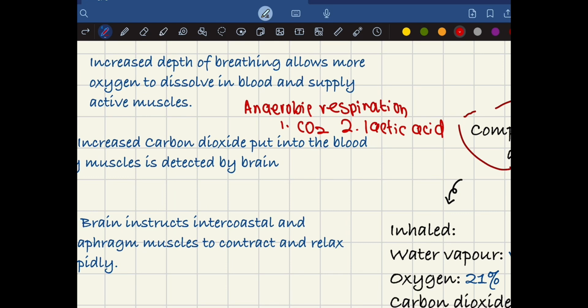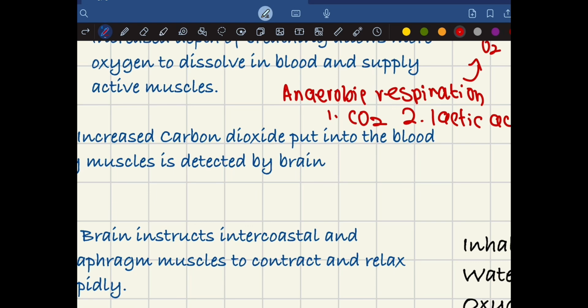This happens when there is an oxygen debt. So when we're exercising, running or swimming or anything like that, we are using a lot of oxygen, and our muscles have an oxygen debt, so they start respiring anaerobically using the glucose present in our body. It will release two waste products, which are carbon dioxide and lactic acid.